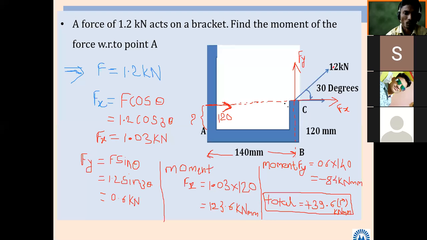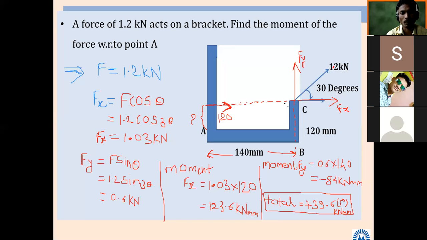Moment is given by magnitude of force into perpendicular distance. Magnitude is with us, but the perpendicular distance we cannot calculate as it is inclined.